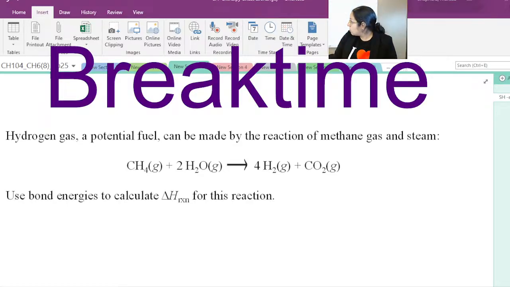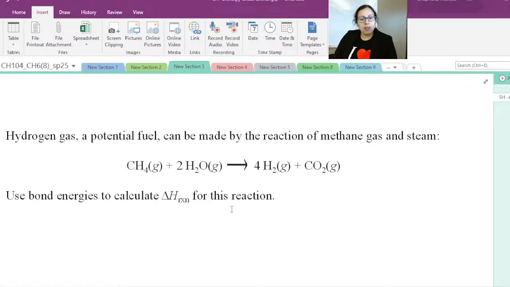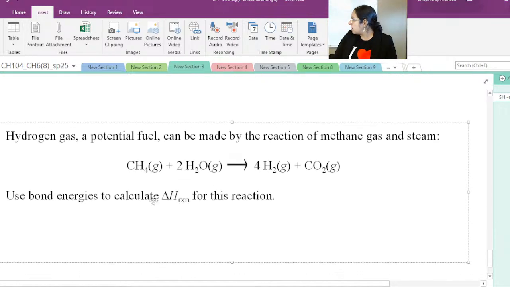So as you get back from break, you can start outlining this problem, and if you need me to scroll up to get some bond energies, just let me know.